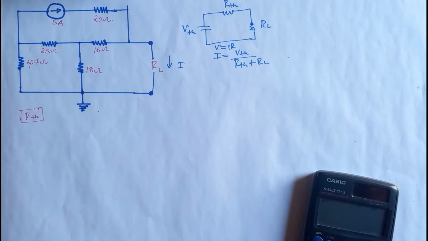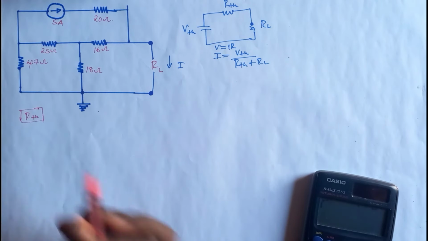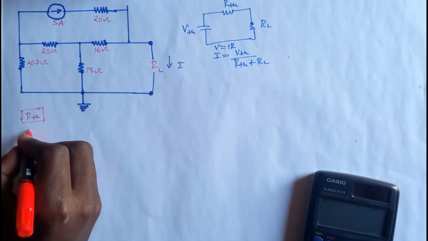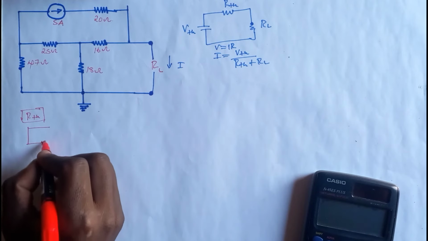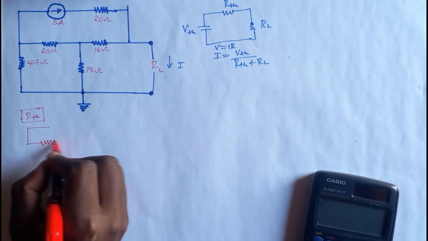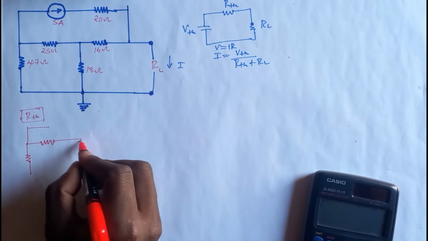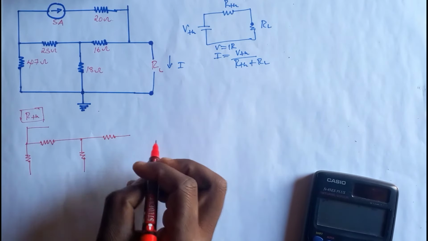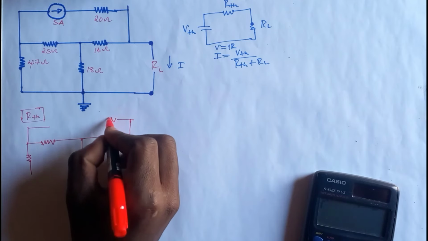Now if we draw our circuit, we said we're going to remove the current source and just leave the open circuit. So we have something like this. We have the open circuit here, and we have the 25 ohm resistor, the 47 ohm resistor, the 18 ohm resistor, the 16 ohm resistor, and the 20 ohm resistor.